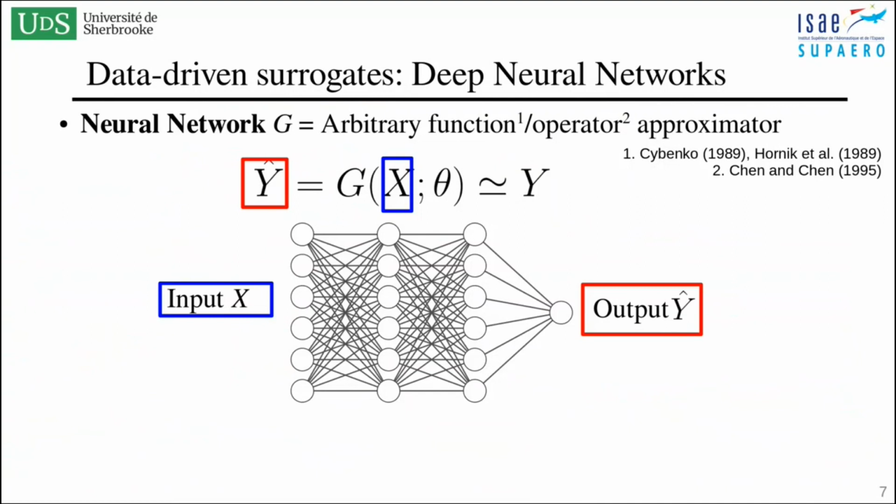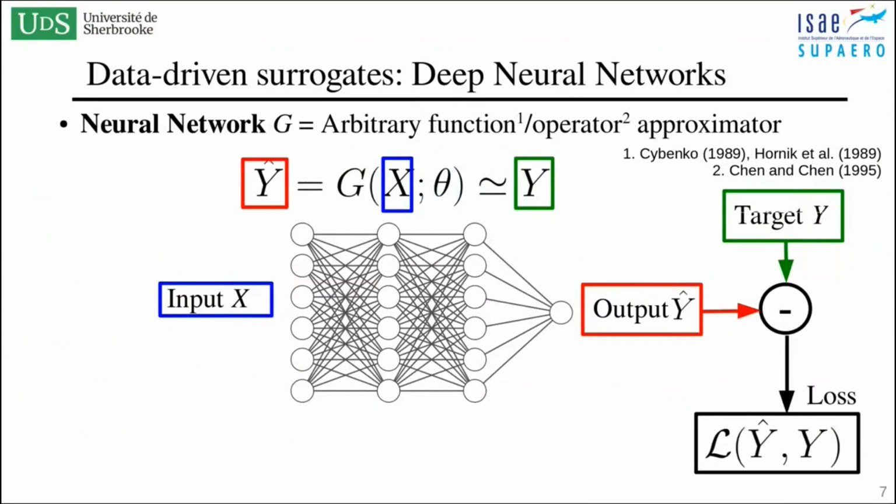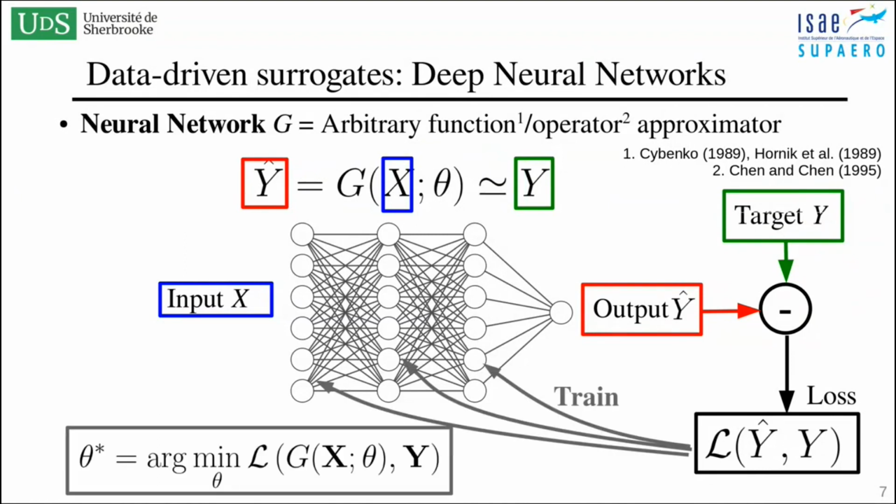In order to train, so to parameterize, this neural network through these parameters theta shown here, we need to compare this output with a target Y, which comes from a database. By comparing these two quantities, we define a measure of the error, called the loss function. Through an optimization problem, this helps find the optimal parameters, theta star, that parameterize this whole pipeline as well as possible.